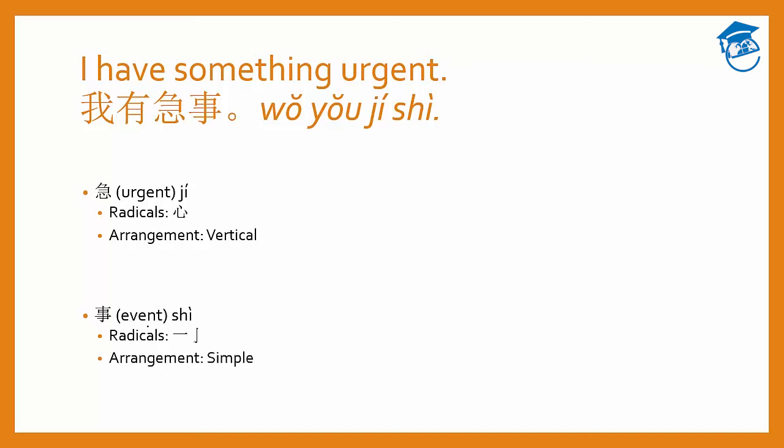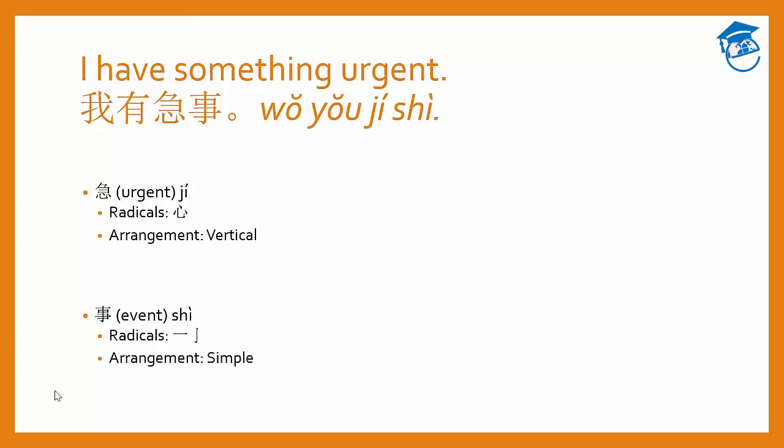So this is the pinyin 事, and the radicals is one horizontal stroke, and this one, the vertical stroke with a hook at the bottom. The arrangement is simple. So let's look at how to write 事. 8 strokes for this word, 事.